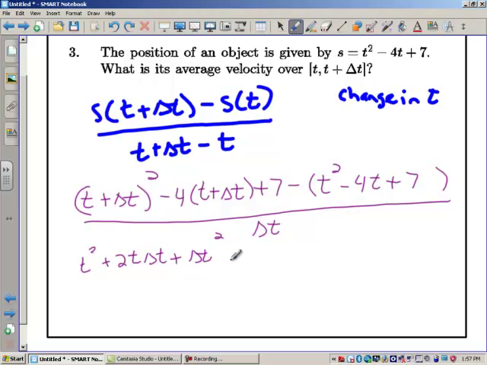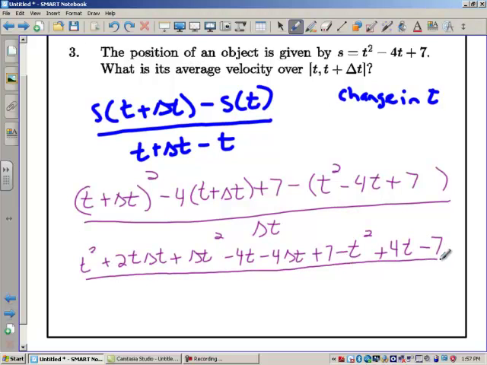That's squaring that all out. Now let's distribute the 4. Minus 4t minus 4 delta t. And then we've got the plus 7. And let's distribute our negative. Minus t squared plus 4t minus 7. All over delta t.